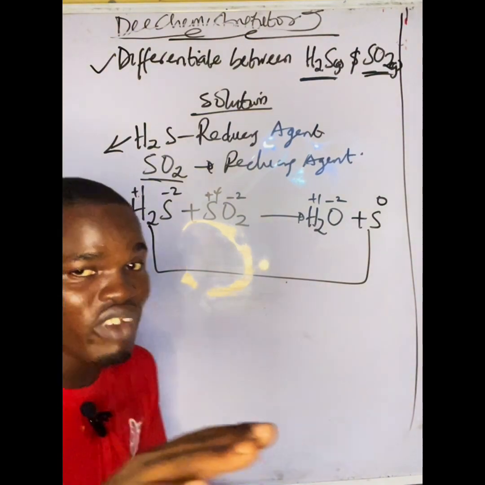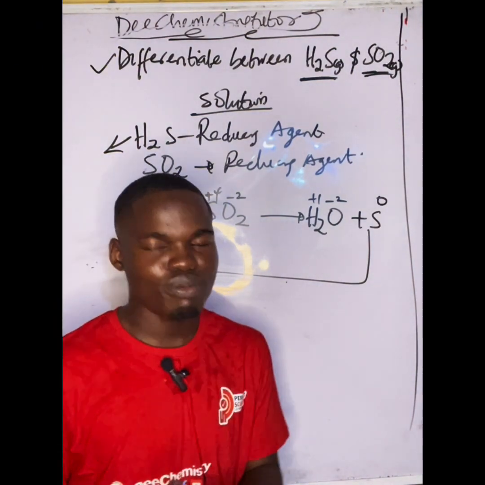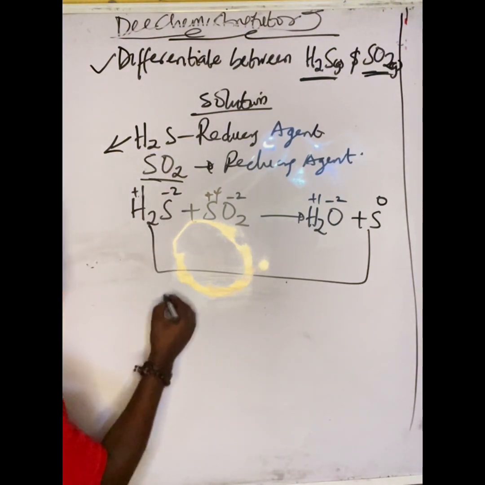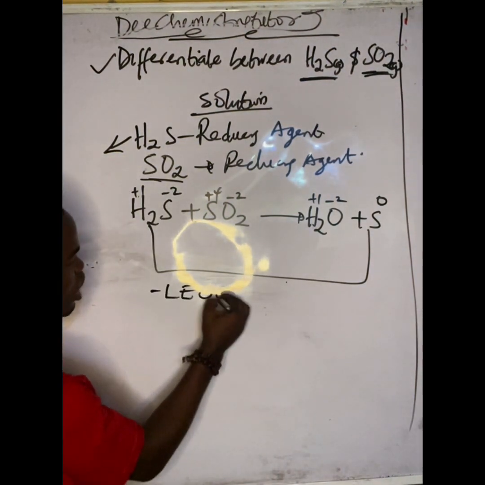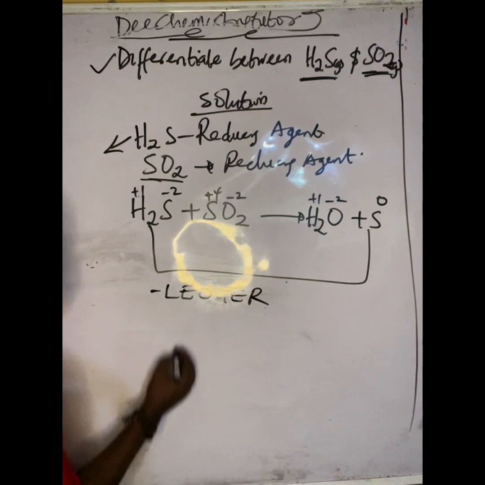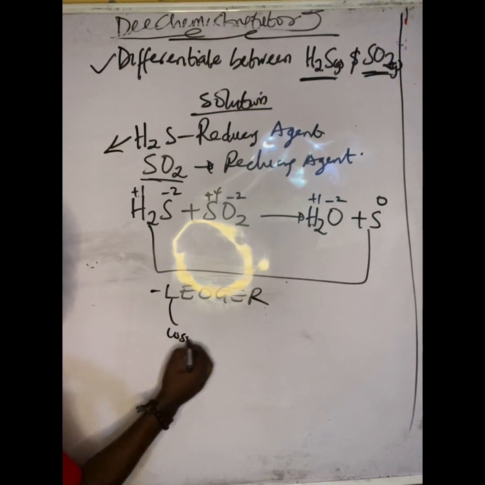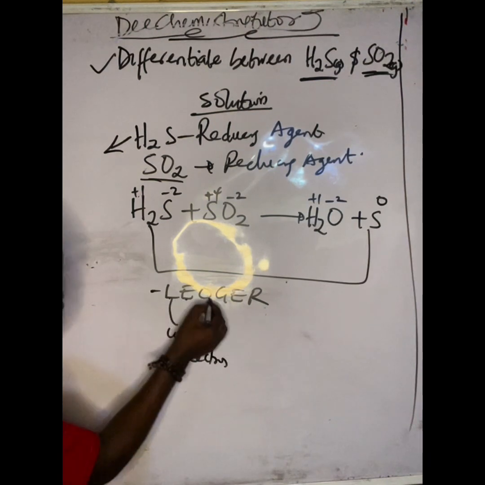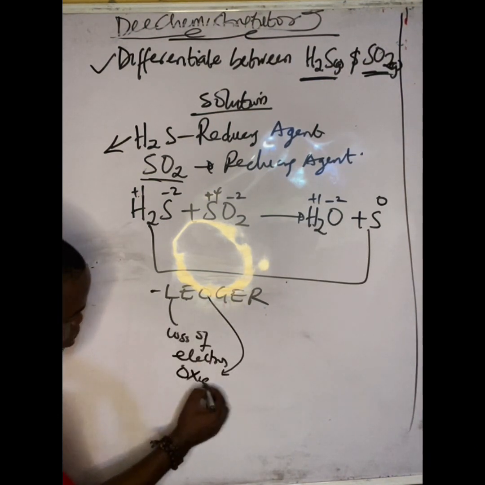Okay, because there are ways to define redox. Let me tell you. Reduction, we can define it in 3 ways. One of the ways is that we use LOGA. What does LOGA mean? Loss of electron. Loss of electron means what? Oxidation.